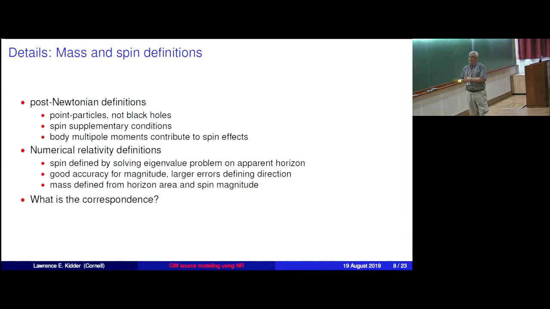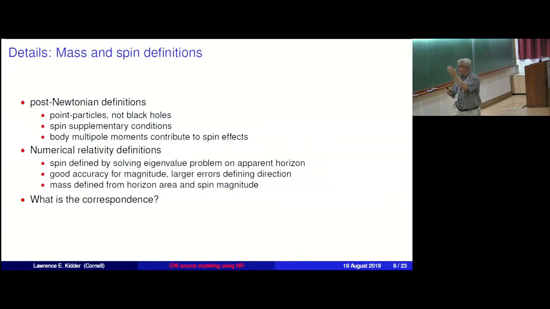Numerical relativity definitions: the spin is defined by solving an eigenvalue problem on the apparent horizon of each black hole. The techniques so far have good accuracy for measuring the magnitudes of the spin, but there's still some ambiguity on actually the directions of the spins, and there are larger errors there. Finally, a quirk of numerical relativity is that the mass of the black hole depends upon the spin of the black hole.